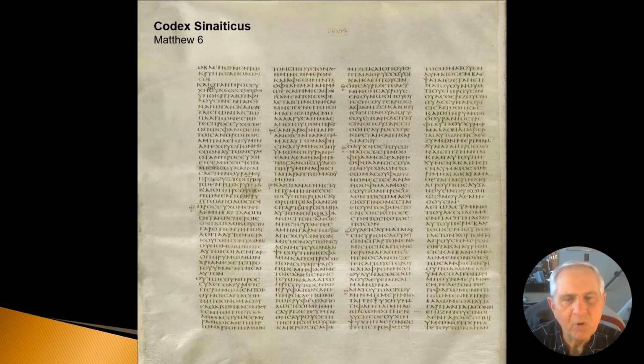Now, the most important discovery at St. Catherine's Monastery was Codex Sinaiticus. During the 1800s, there was a big push to try to find some of the oldest manuscripts of the Bible.